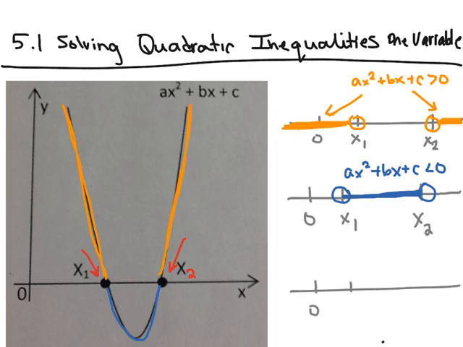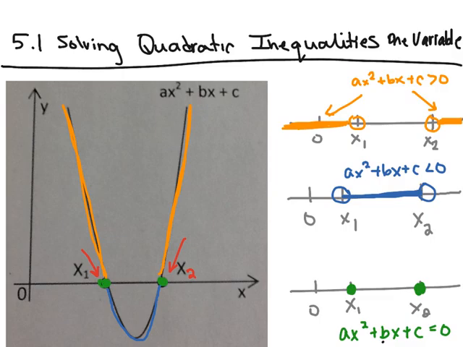And if we wanted to know when it equals 0, that would just be these exact points will be 0. So we put circles on our x1 and our x2, so that's when ax squared plus bx plus c equals 0. So those are all of the different points on the graph.